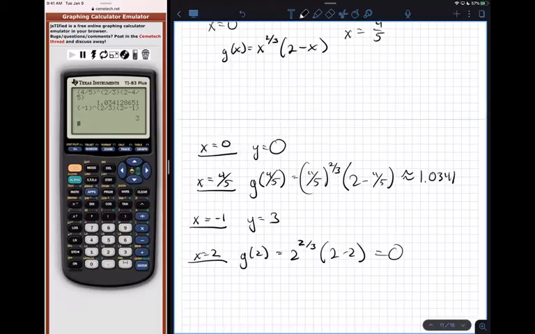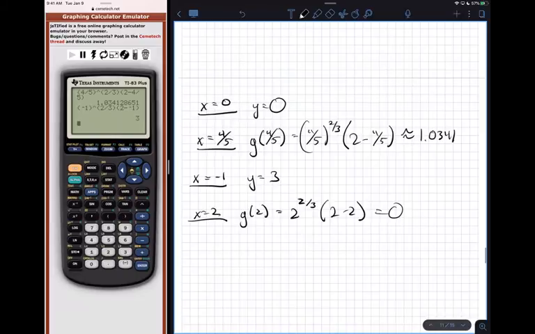So we see an absolute max value of 3 at x equals -1. And then we have the absolute minimum value of 0 at x equals 0 and 2.